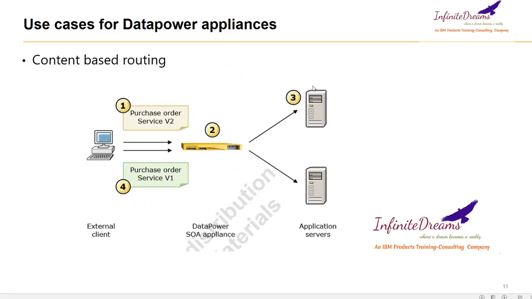Next, in this slide, Data Power also helps in content based routing. What is content based routing? Suppose a client request is coming, and dynamically we check what type of request it is.